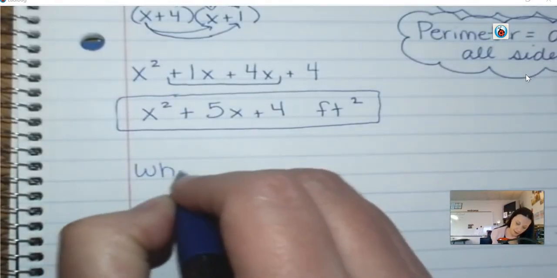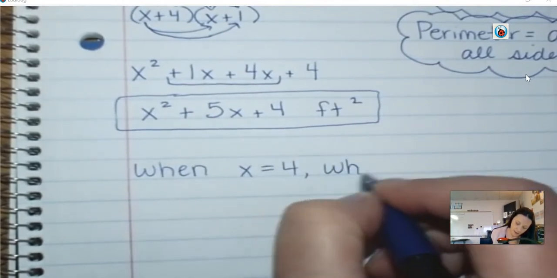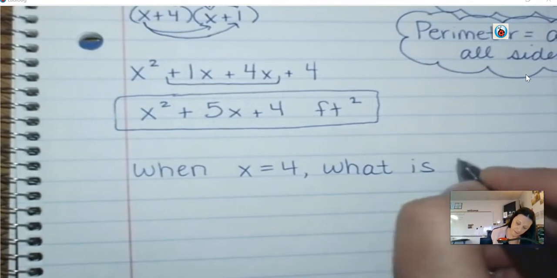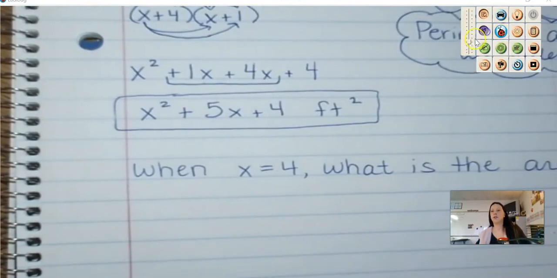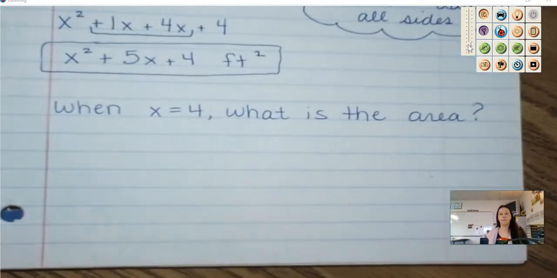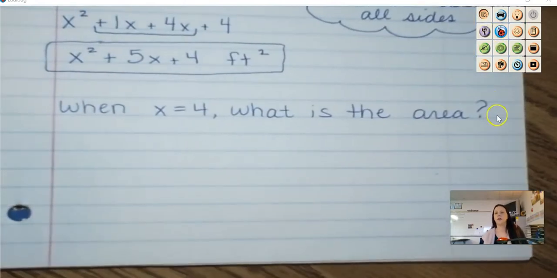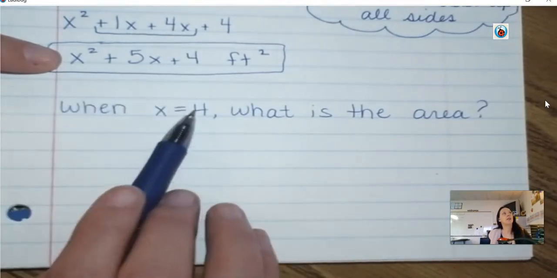So when x equals 4, what is the area? For those, you're just going to plug in 4 wherever you see an x. In the polynomial that we came up with, everywhere you see an x, put in the number 4.